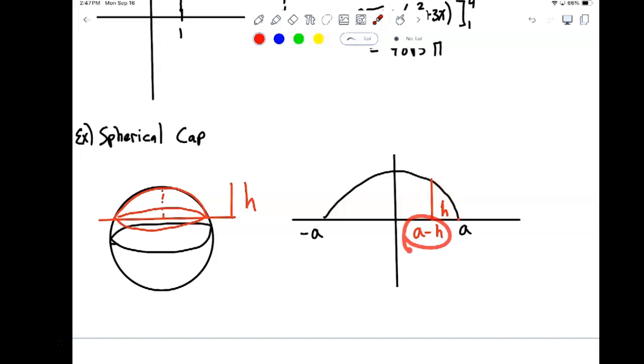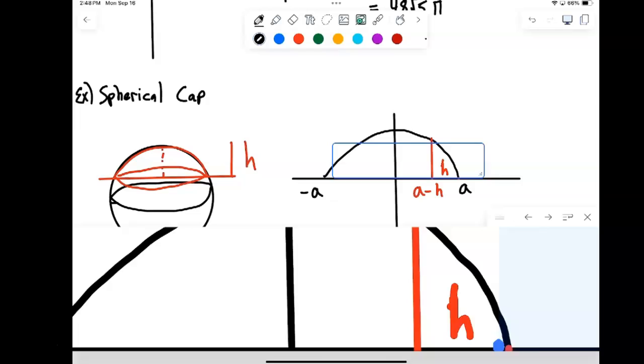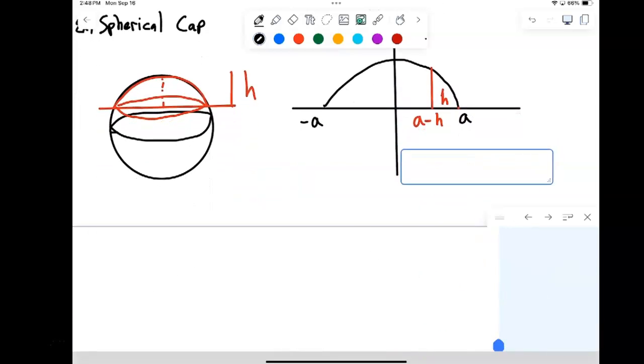It's going to be the integral from a minus h to a, so that we only get this little piece. And for this one, we look at the equation of our curve, which would be a circle of radius a centered at the origin. Again, we're only dealing with the top half of it.